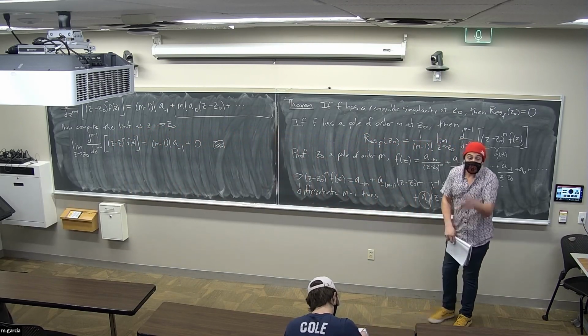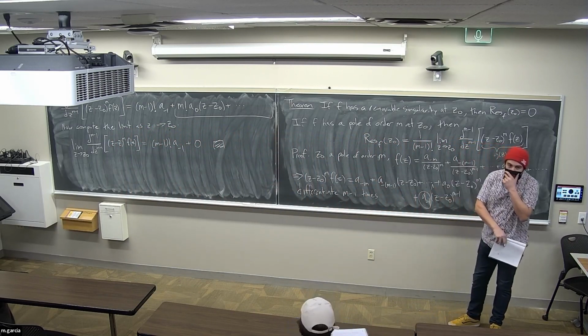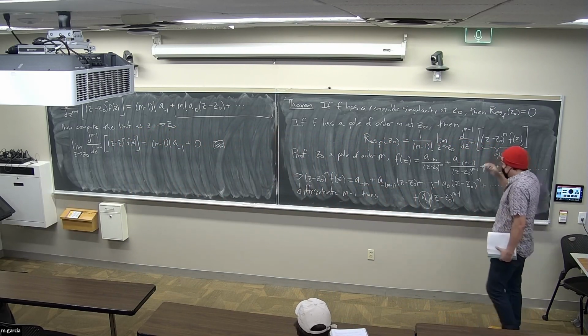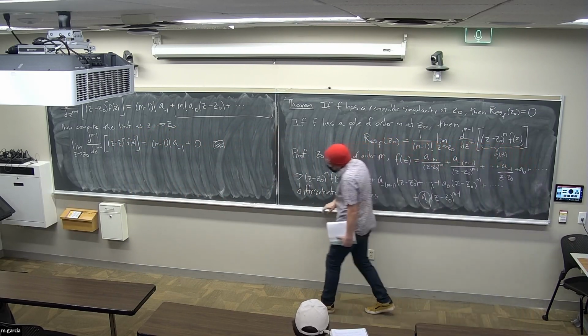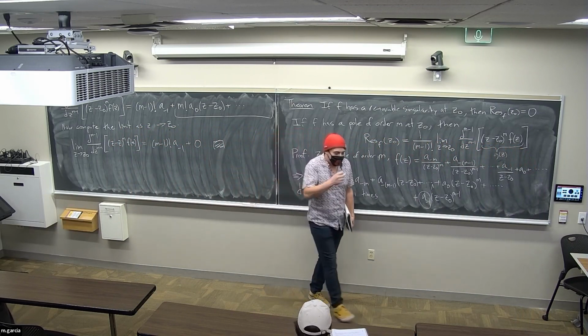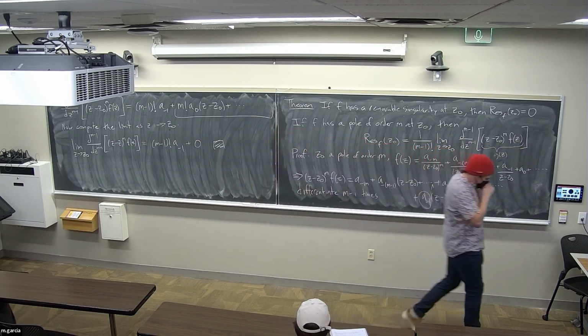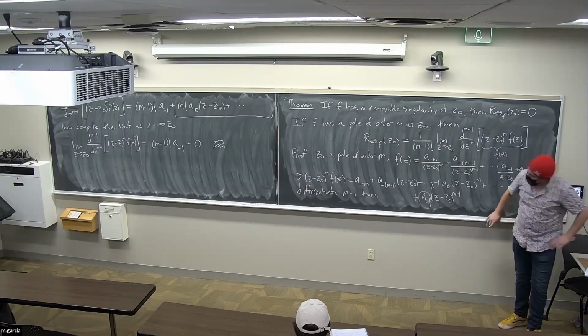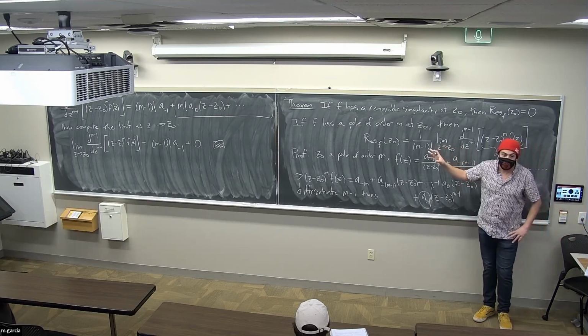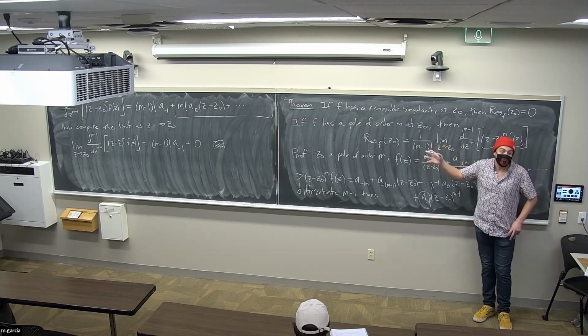Why do we have to take the limit here as opposed to just plugging in z naught? Yeah, so that's what I mean by take the limit, right? Of course, if I actually have a Laurent expansion on hand, this amounts to plugging in.